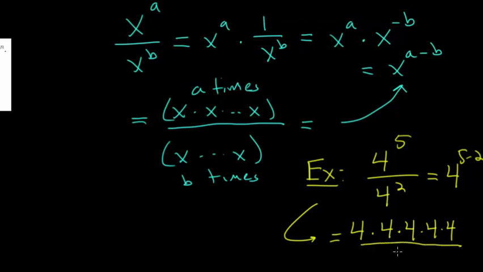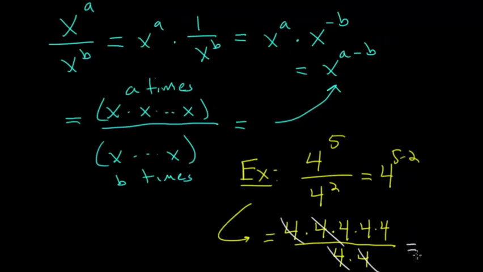And in the denominator, there are 2 4s multiplied together. And you can see that 2 of them from the top and the bottom are going to cancel out, since 4 divided by 4 is just 1. And so in the end, either by using the rule or by understanding it with basic principles, we end up with 4 to the 3rd.